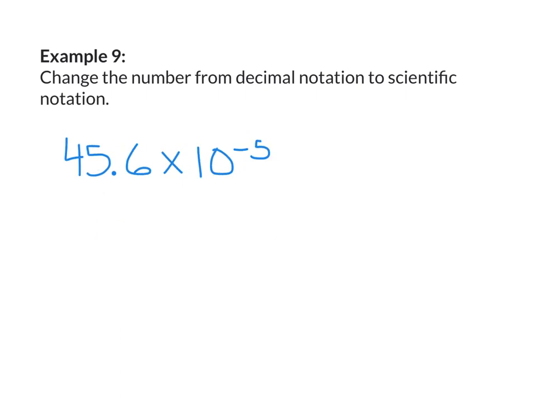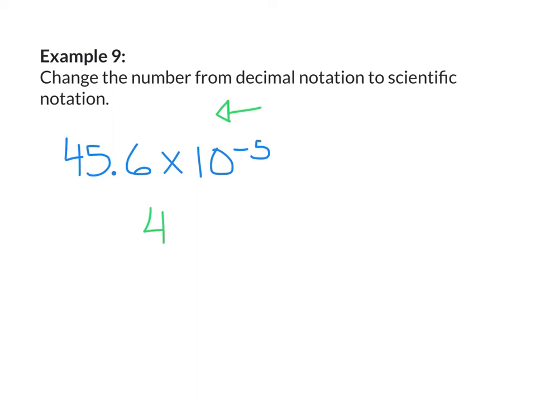Example 9. Change the number from decimal notation to scientific notation. Again, I notice that this is not written in scientific notation because my decimal should be after the first non-zero digit. So I'm going to expand this, and I know that since I have a negative exponent, I'm going to be moving 5 times to the left.